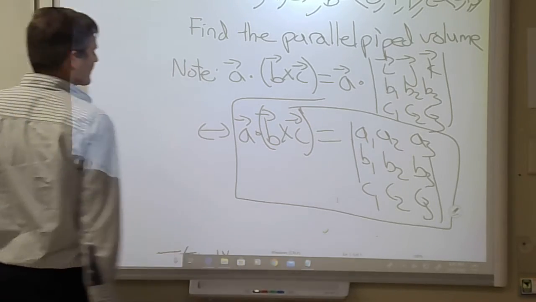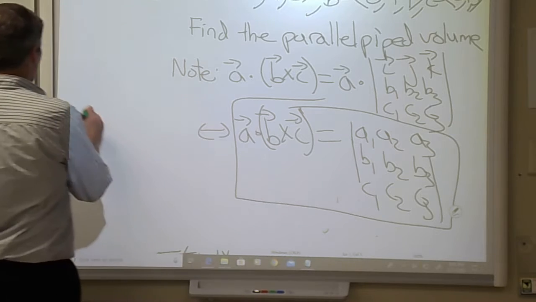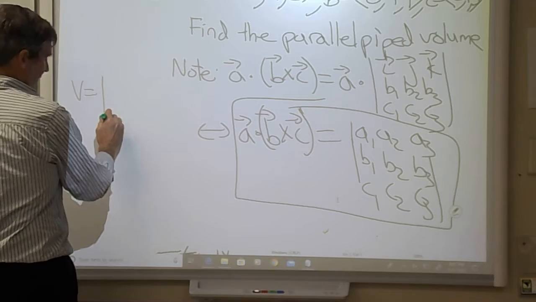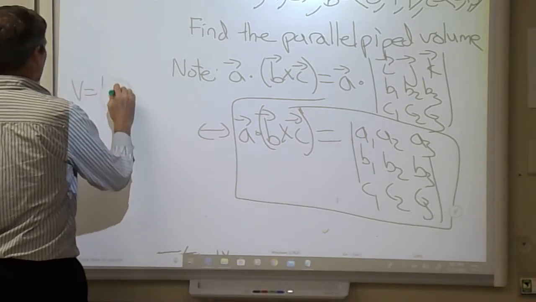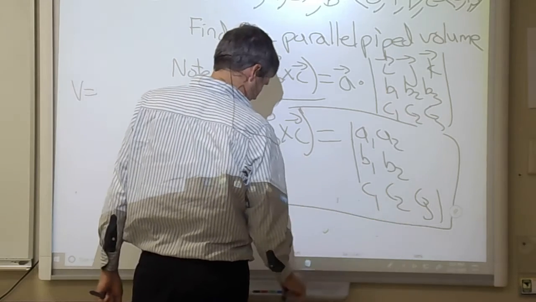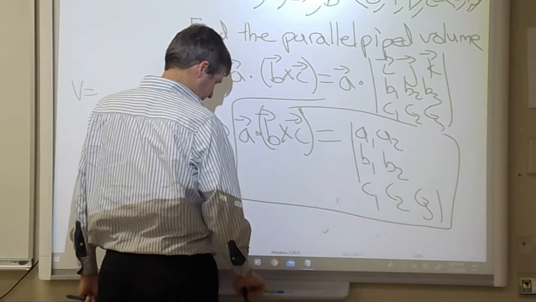So let's do it for this one. We want the volume, which is the absolute value of the triple scalar product. Because the absolute value is straight bars and the determinant is straight bars, there's a conflict of notation there.